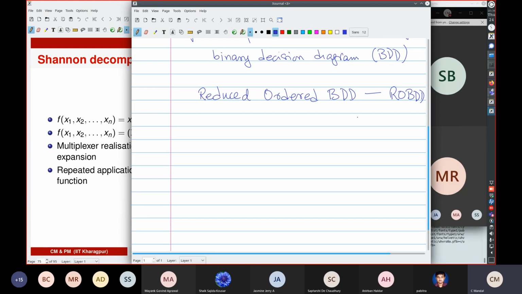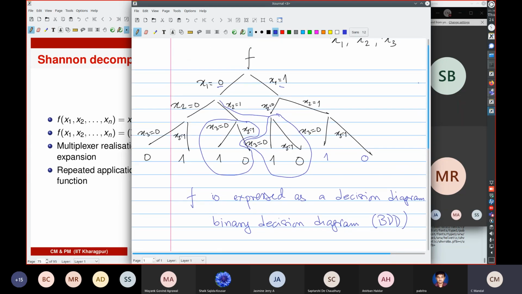So here basically you have order on the variables. If you look at this original diagram, note that after you have decided on x1, it is not really essential that you have to decide on x2 now.